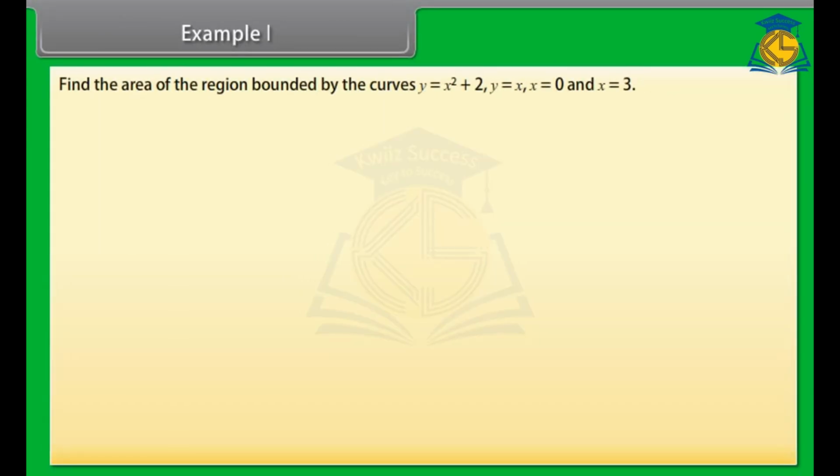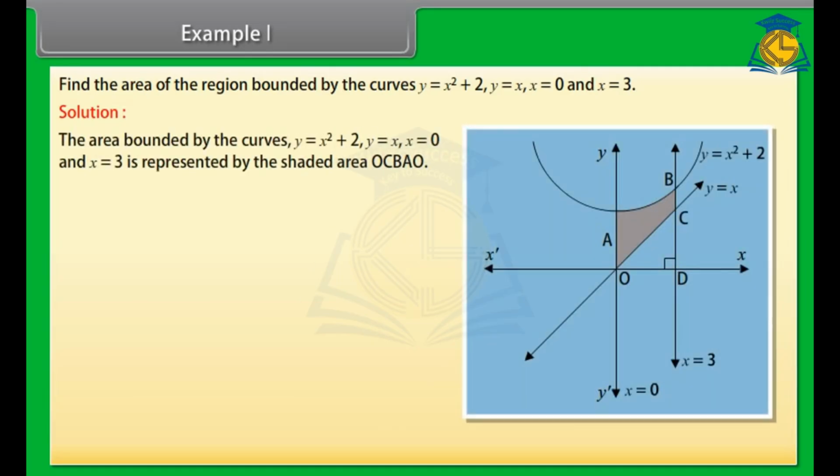Example first. Find the area of the region bound by the curves y equals x square plus 2, y equals x, x equals 0, and x equals 3. Solution. The area bound by these curves is represented by the shaded area OCBAO as shown in this figure.